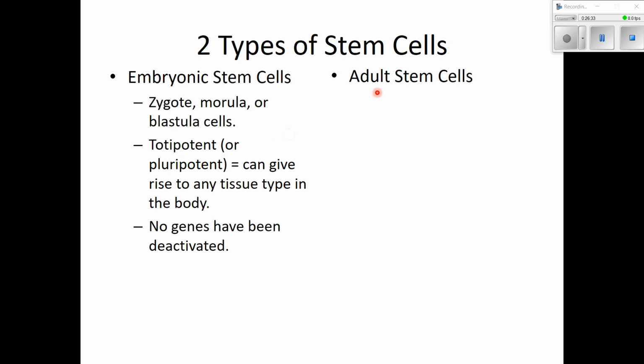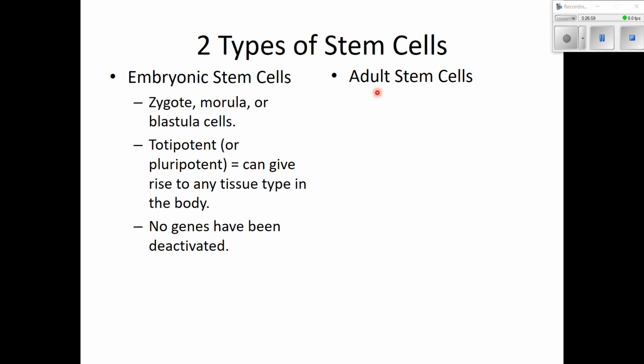This is a really bad term because it sounds like we're only talking about cells in an adult, like you or me. And that's not really what we're talking about, because even at the gastrula stage, when you're only 2 weeks after conception, the only stem cells really in the embryo at that point are these so-called adult stem cells. So that's a really bad term.